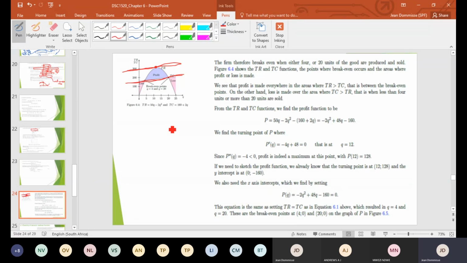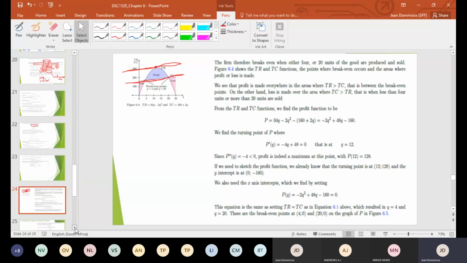And I know there was a few of those questions in the assignment, and probably something like that will also happen in the exam as well. So that is where we will get next week, is to say, where's the producer surplus, where's the consumer surplus in the nearly non-linear functions.